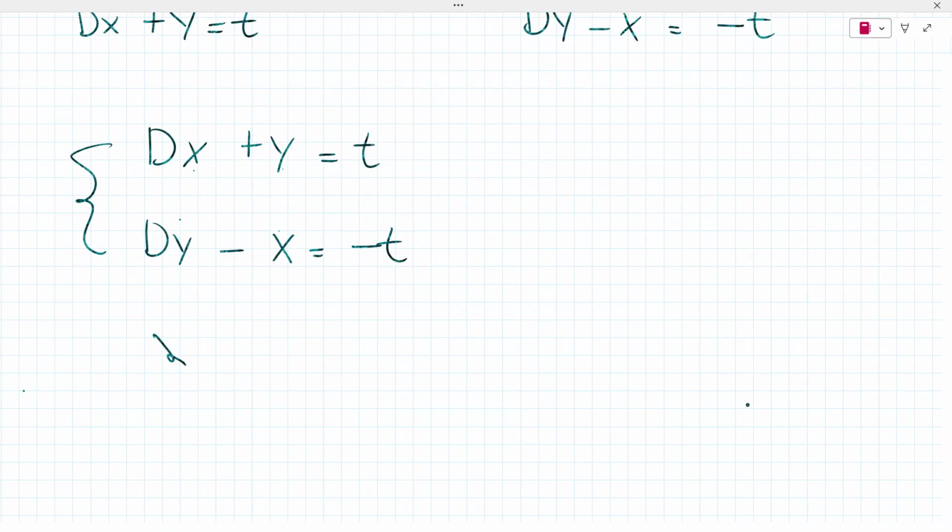We're going to set up as dx. So all I did was I just moved this negative x in front.